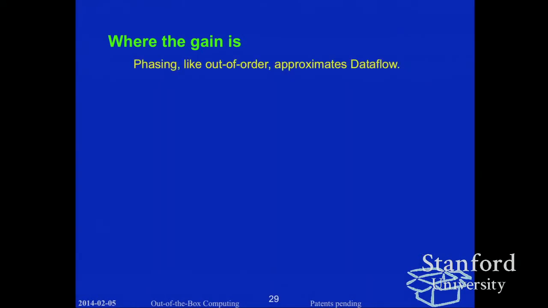Phasing, in some ways, is like out of order. It approximates data flow. A true data flow machine, those of you who are interested in history can look up the Manchester MU5 and find out what a real data flow machine might be, but no machine can be fundamentally faster than a data flow architecture. It's simply architecturally, mathematically impossible.